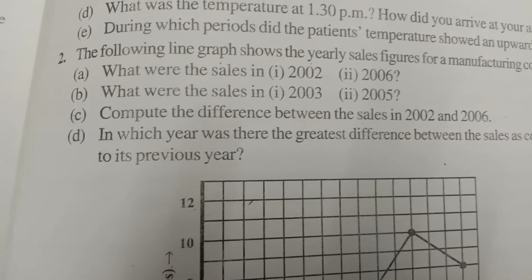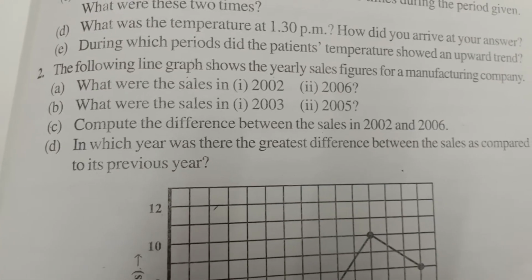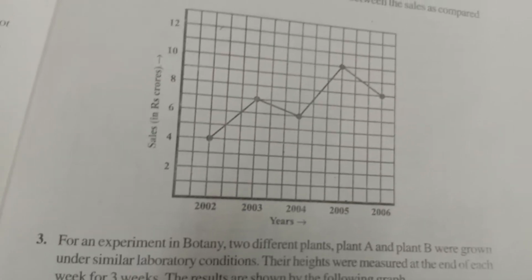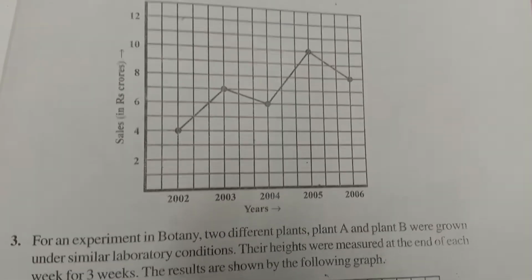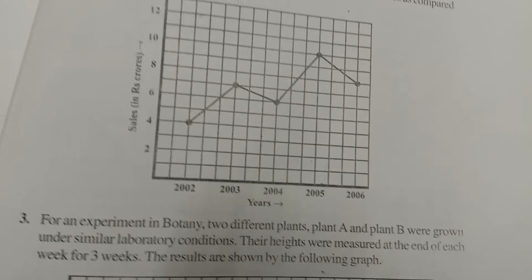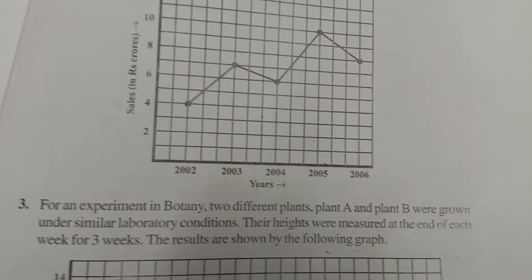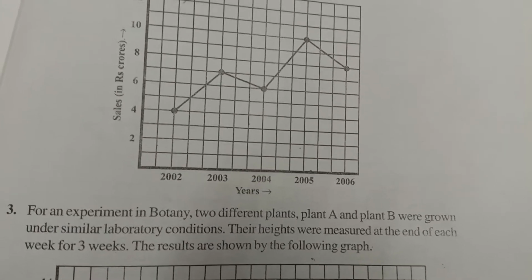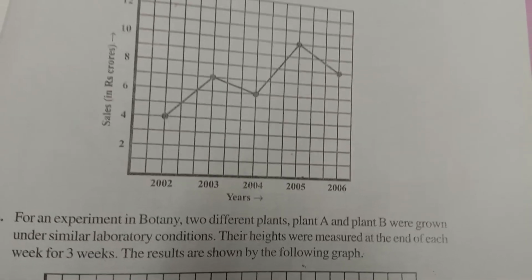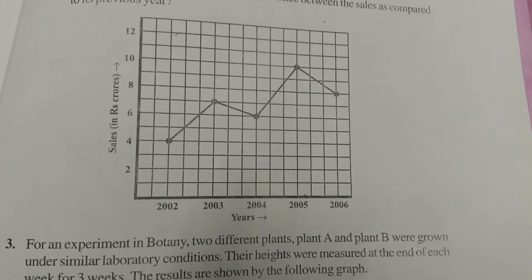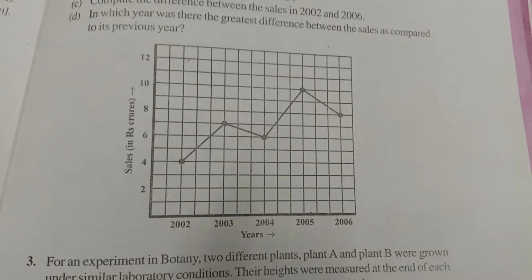Compute the difference between the sales in 2002 and 2006. Find the difference in the sales from the year 2002 to 2006. As we discussed, in 2002 it is 4 crore rupees and in 2006 it is 8 crore rupees. Therefore the difference is 8 minus 4, it is 4 crore rupees.